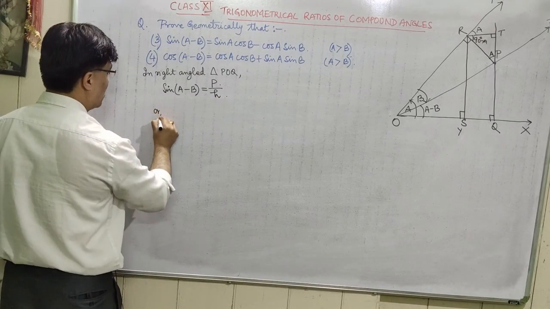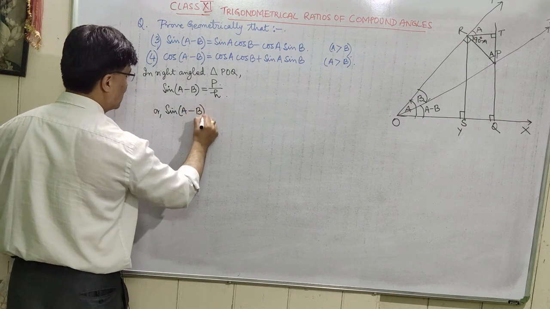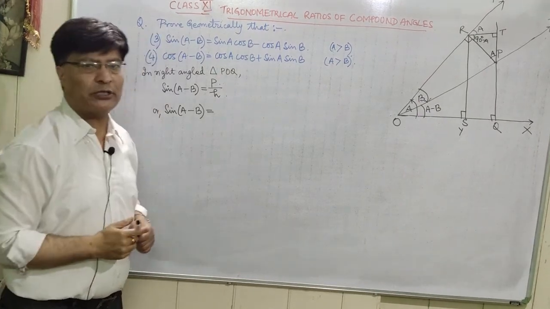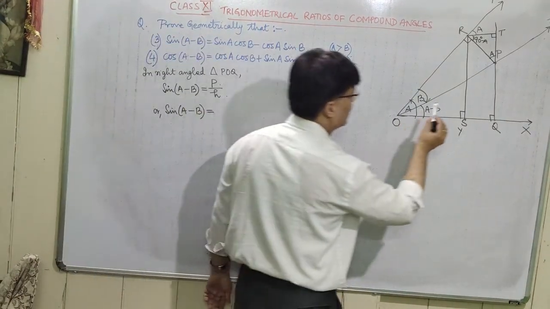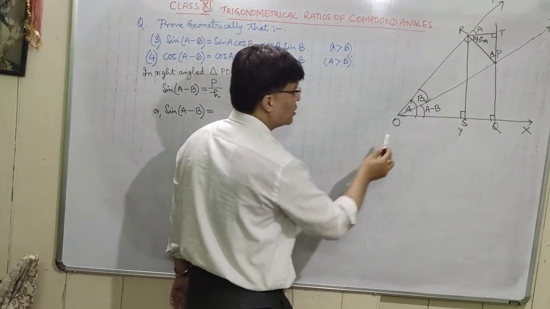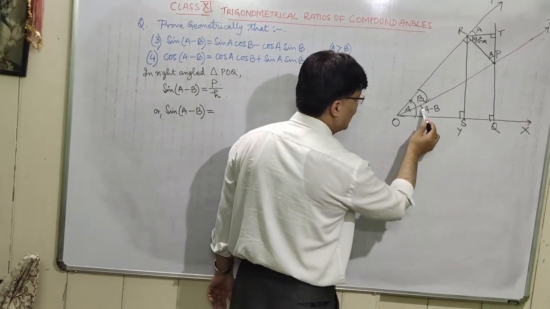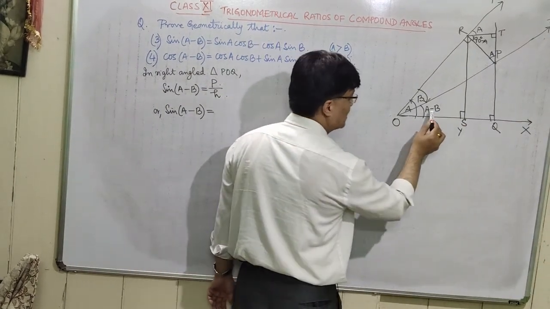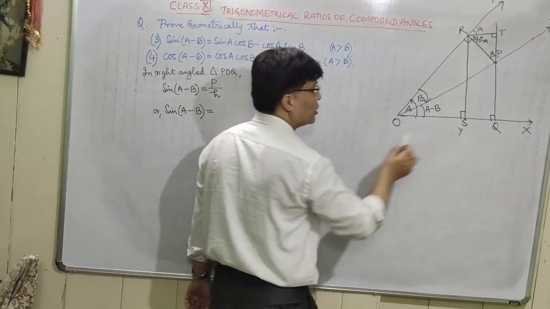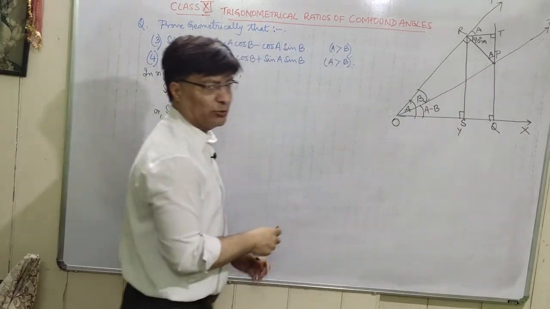Which is the perpendicular, which is the hypotenuse here? We are considering this right angle triangle POQ, so here this angle A minus B is considered. The side opposite to this angle considered will always be the perpendicular. So PQ is the perpendicular, OQ is the base, and OP is the hypotenuse.